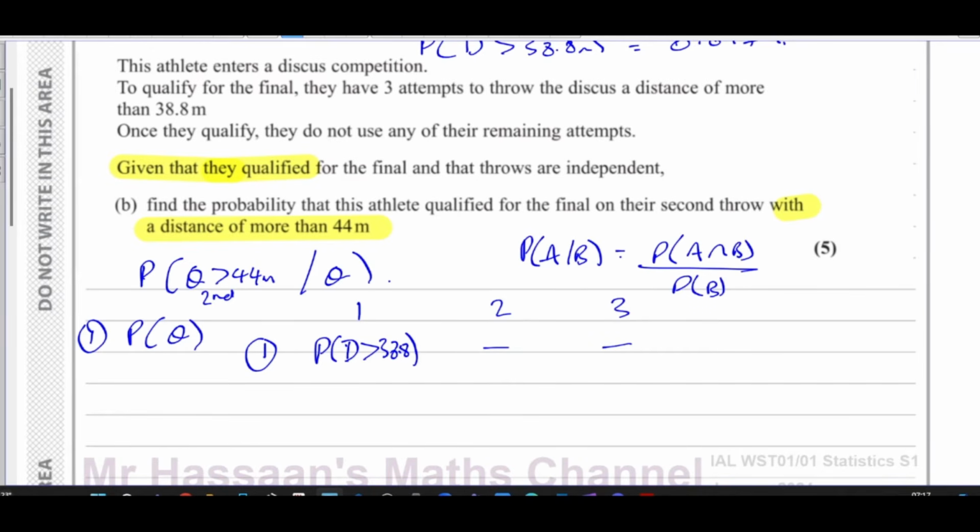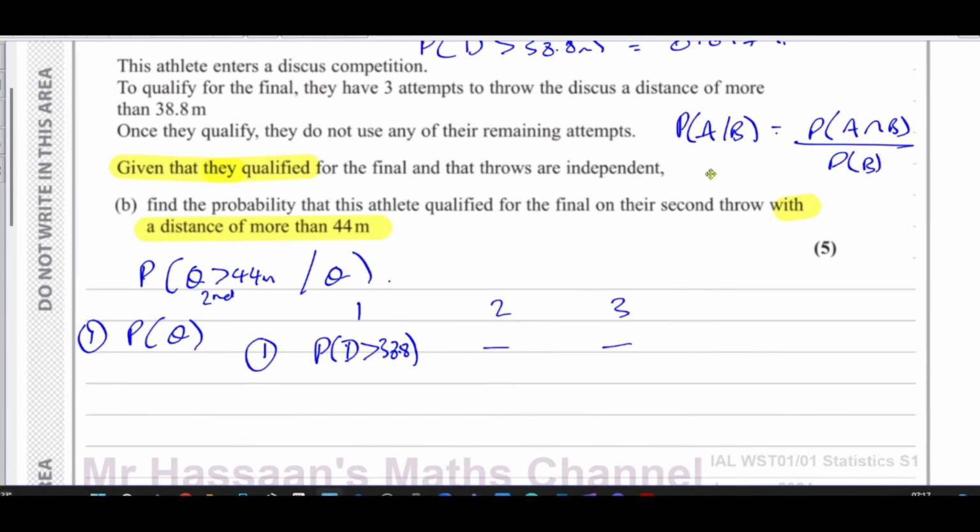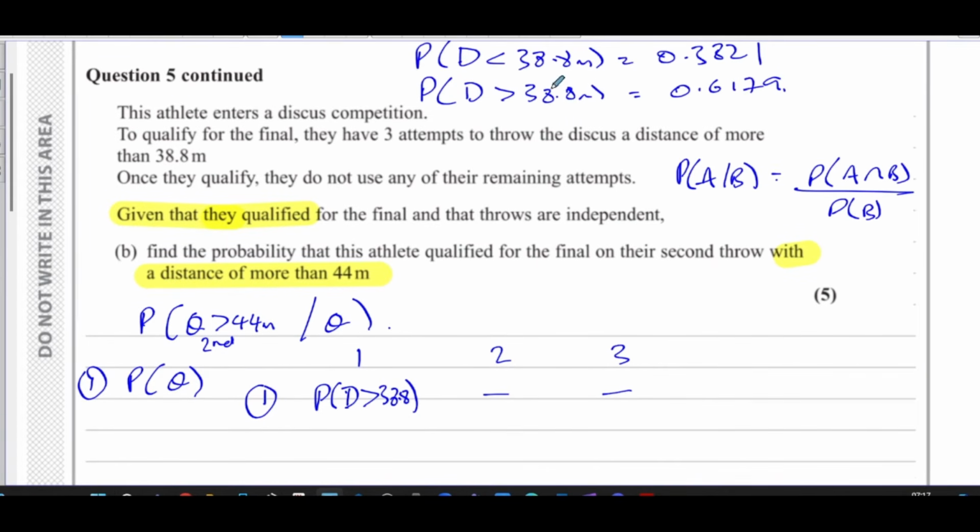They won't do the second and third throw if that's the case, right? So that is basically just the probability of throwing more than 38.8, which is 0.6179. Okay, that's one scenario, but that's not the only way someone can qualify.